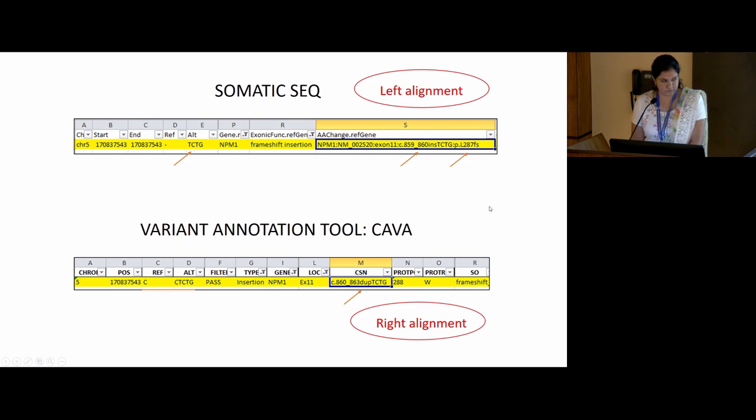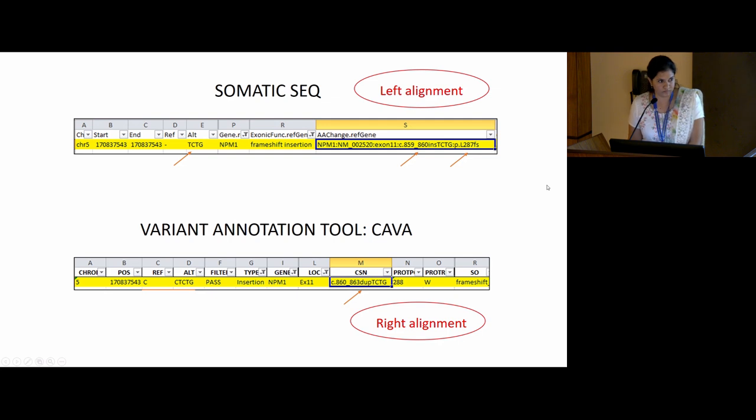So now we know that Kava is a tool that follows this 3' rule. For all the indels, we go back to Kava and take the input from Kava instead of from our Somatic Seq output. For most point mutations, we take output from Somatic Seq itself, but specifically for indels, where we are dealing with insertions and deletions, we take the output of Kava.